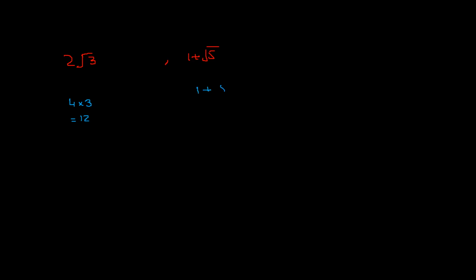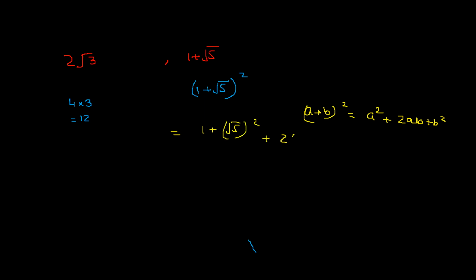Here, if we take the square, then by using the identity for the square, the binomial expansion, which says that (a plus b) whole square is equal to a square plus 2ab plus b square, it gives (1 plus root 5) square, which is 1 plus 5 plus 2 into 1 into root 5.